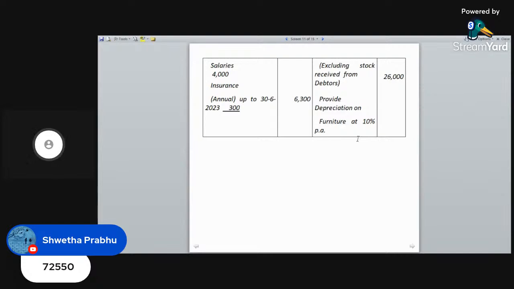And whatever the goods received from the debtors must be added back, because it is excluded, correct? So after adding that 600 rupees to this closing stock, we have to record it for the loading amount. For recording the loading amount on the debit side, what do we have to do? We have to adjust this.